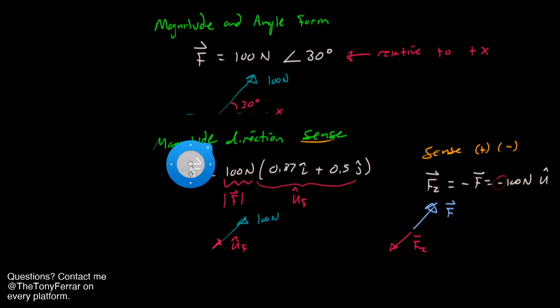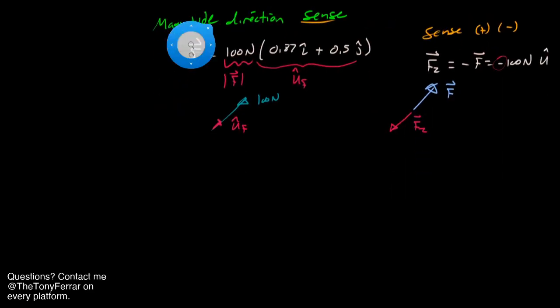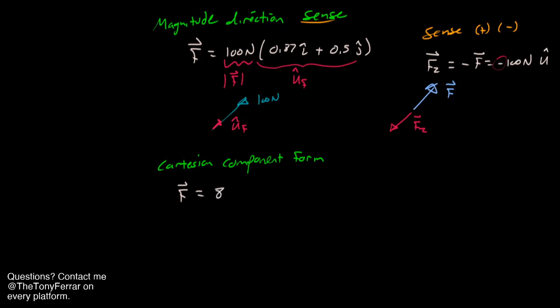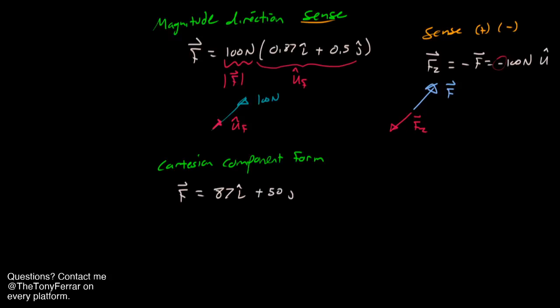The third way that we can represent a force vector is in Cartesian component form. And essentially what we've done here is we've distributed. So instead of writing F as 100 times a unit vector, we would have F is 87 i hat plus 50 j hat, and we tend to factor out the newtons and put it outside once so we don't have to write it 2 times.